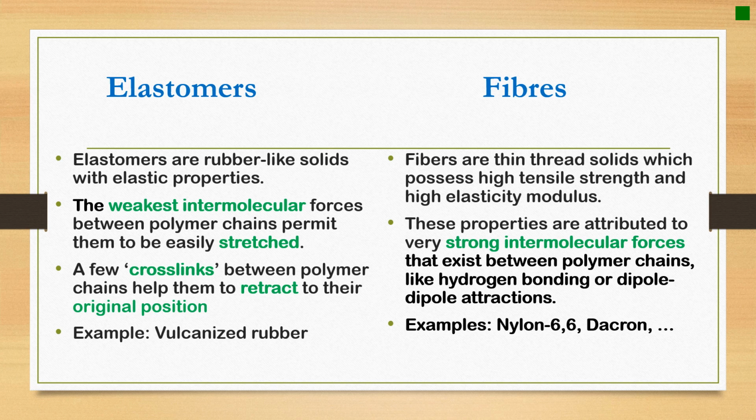That's what characterizes the fibers. This characteristic results from the fact that the intermolecular forces between the polymer chains are very strong. In most cases, they are hydrogen bonding or strong dipole-dipole attractions. Here we have the examples of nylon 6,6 or Dacron.